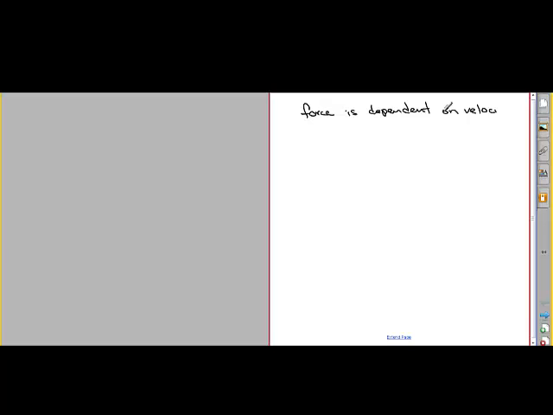And one of the cases is the friction due to air friction on a body.